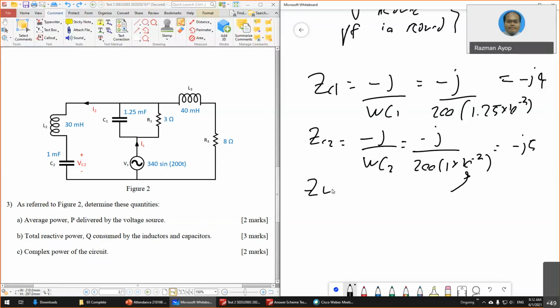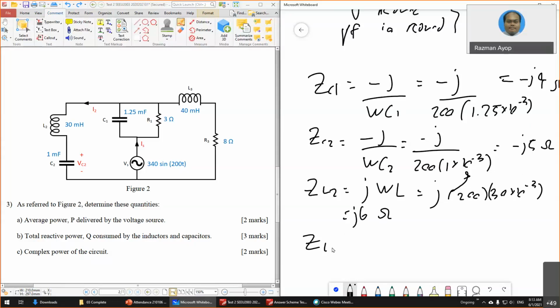ZL2 is JWL. So JWL is J200 multiplied by 30 multiplied by 10 to the negative 3. So you get J6 ohm. This one is also ohm.